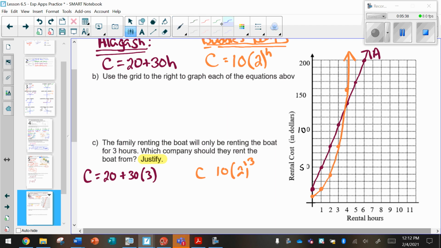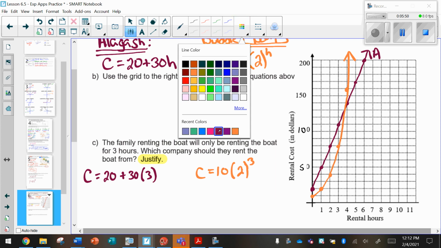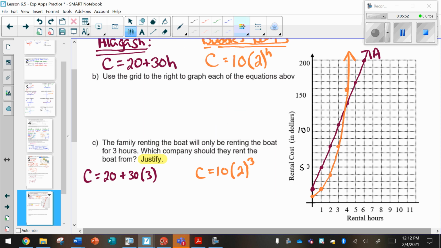Go to your calculators, type these in, figure out the cost for both companies. Hopefully you're pushing the buttons to get the answer.